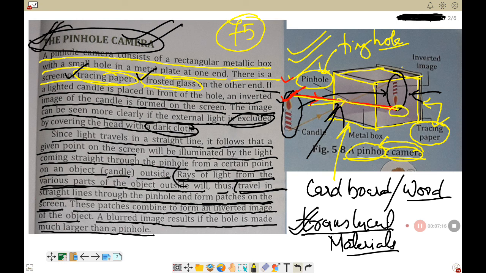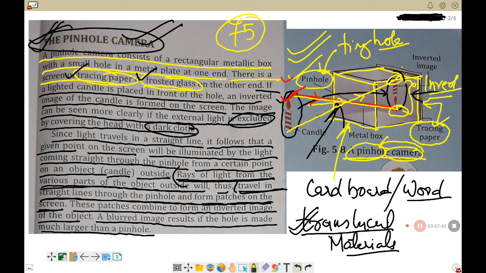It's reaching here, understand, and from the base of the candle the light travels in a straight line and reaches here. So that's why you are getting an inverted image, understand. So the main motive of learning about this camera is to demonstrate practically that light travels in a straight line path, understood.